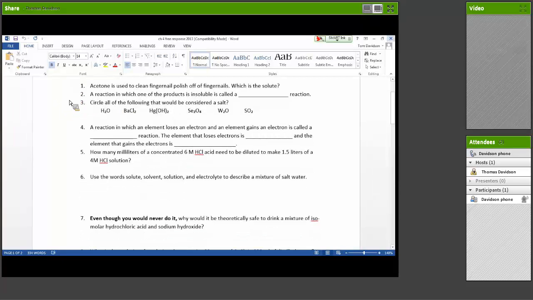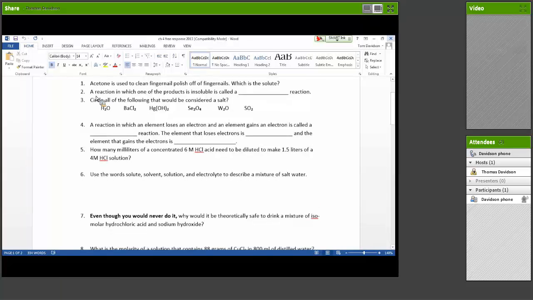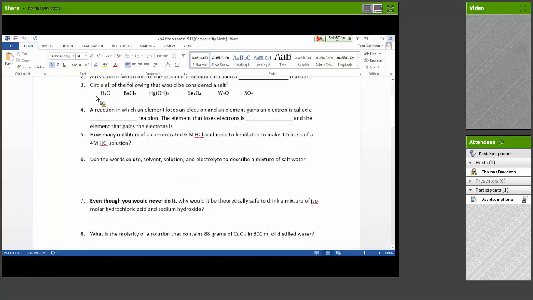So it says acetone is used to clean fingernail polish off of fingernails. Which is the solute? Well, what is the solute? It's the thing being dissolved, right? So it would be the fingernail polish. Okay.